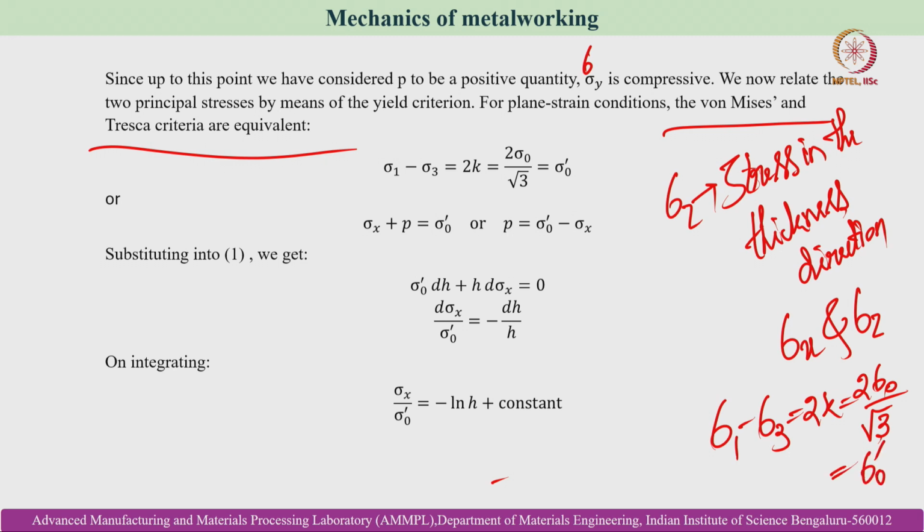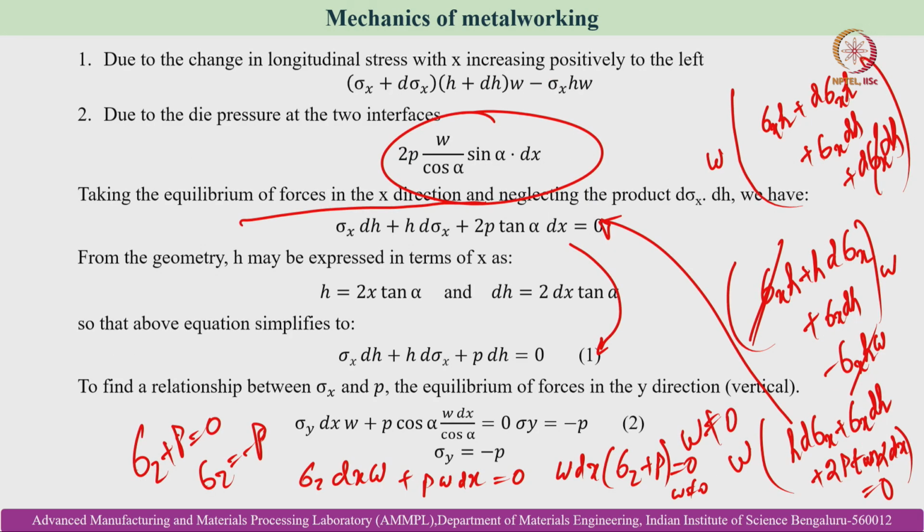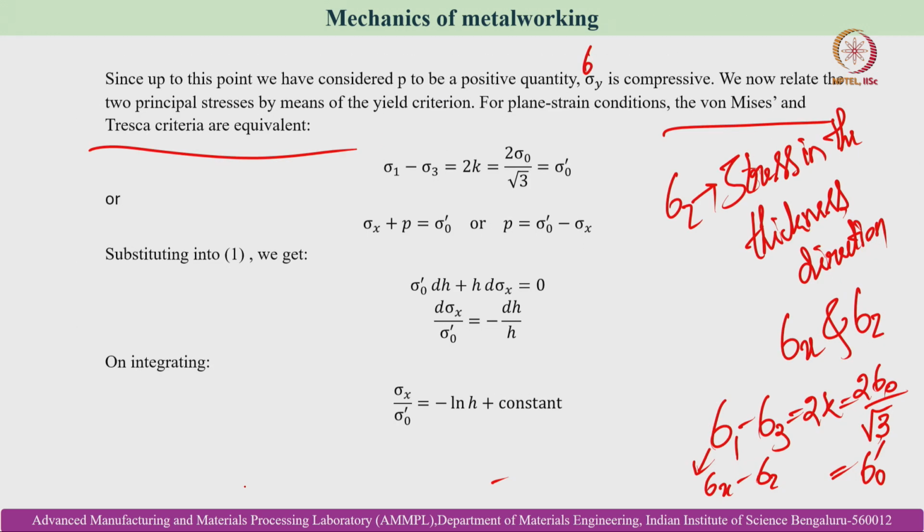Here sigma 1 is sigma x and sigma 3 is sigma z. As we have evaluated earlier, sigma z is equal to minus p. So from here we get sigma x plus p is equal to sigma 0 prime.